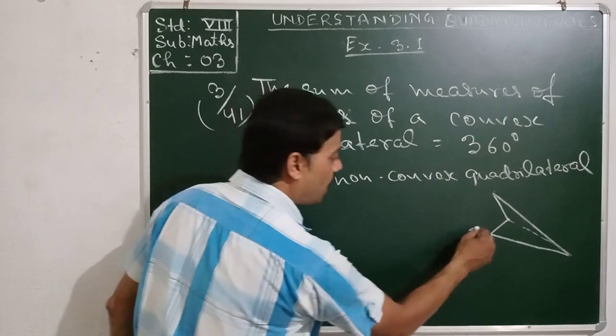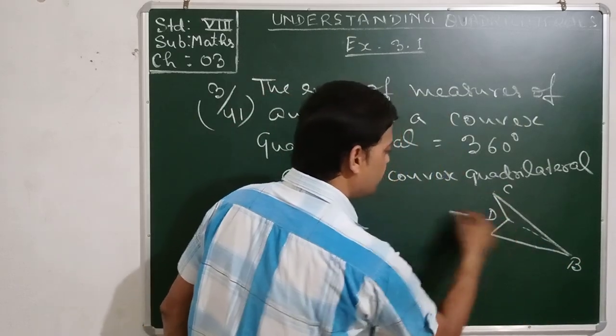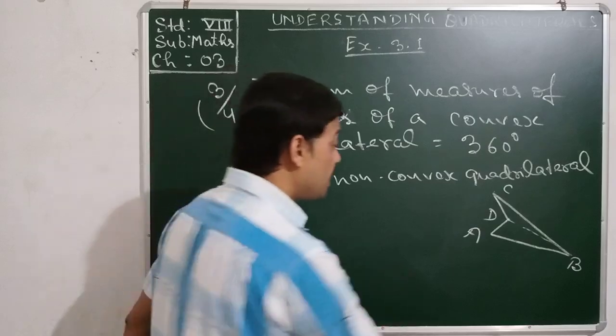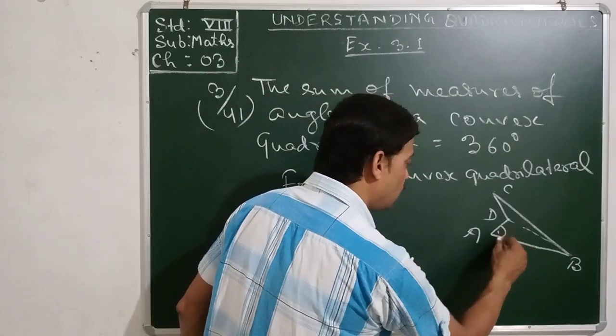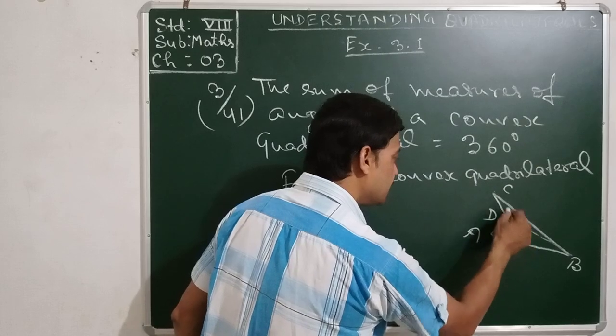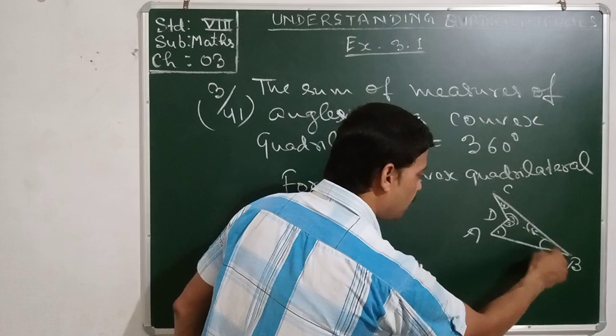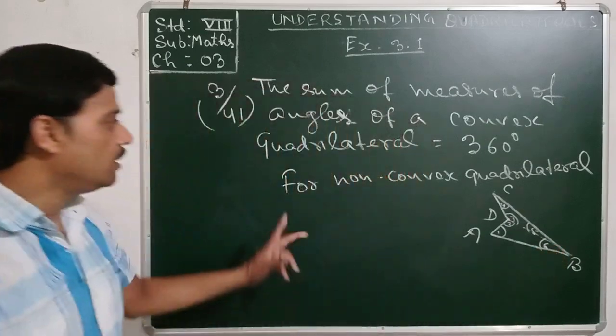I have drawn the quadrilateral A, B, C, D, in which assume that this is angle 1, this is angle 2, this is angle 3, this is angle 4, this 5 and this 6.